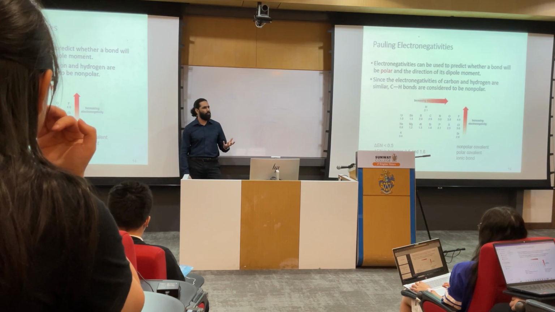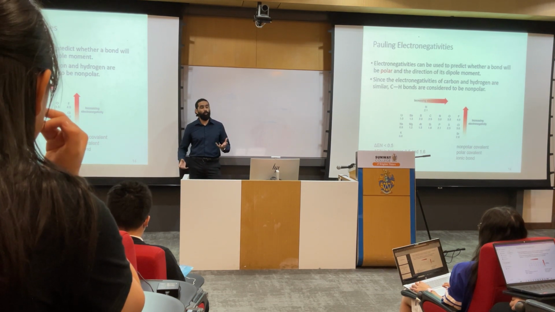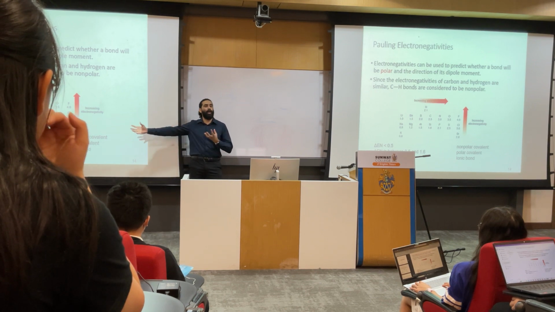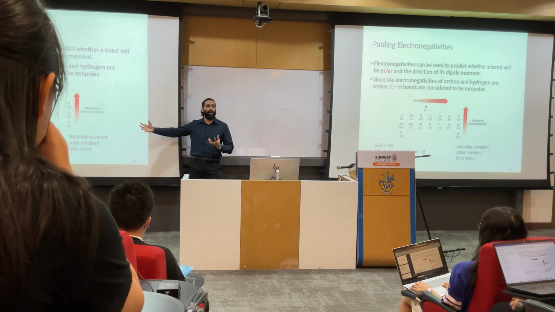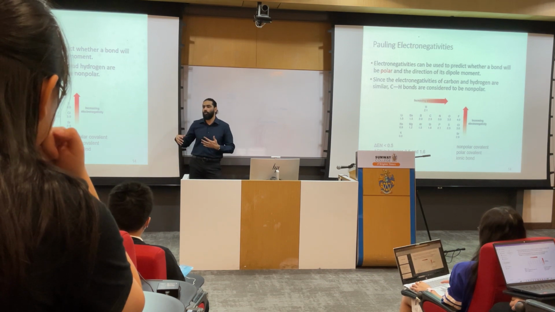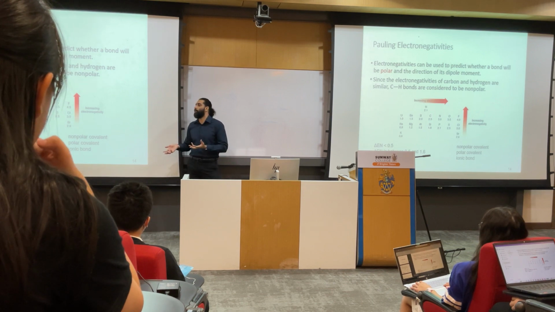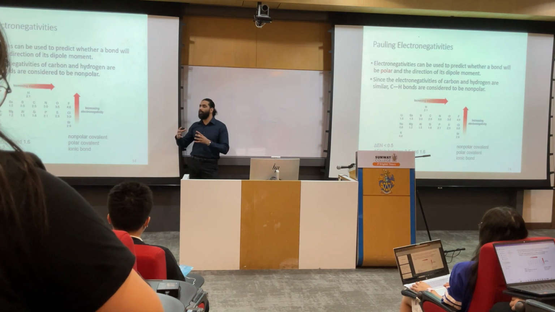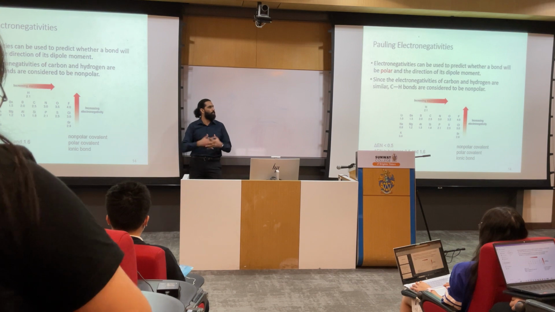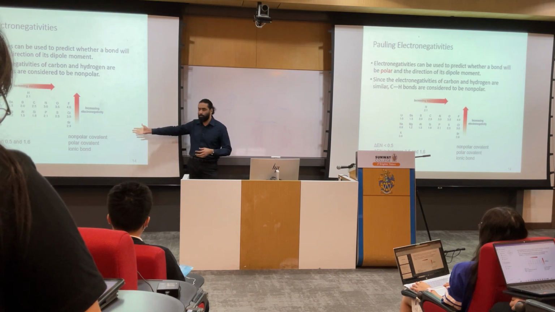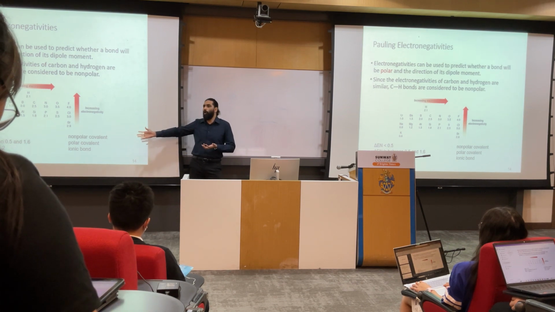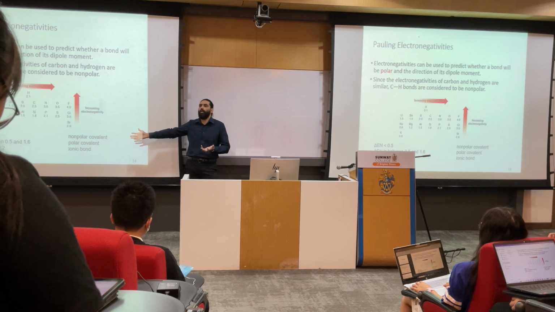Ionic bond rings a bell, where you will have proper creation of ions in a compound. Ions are the cations and anions, so positive and negative charges. Those are generated based on the differences in electronegativity. When the difference in electronegativity between the combining atoms is big, the bond will be ionic and you will have clear ions.